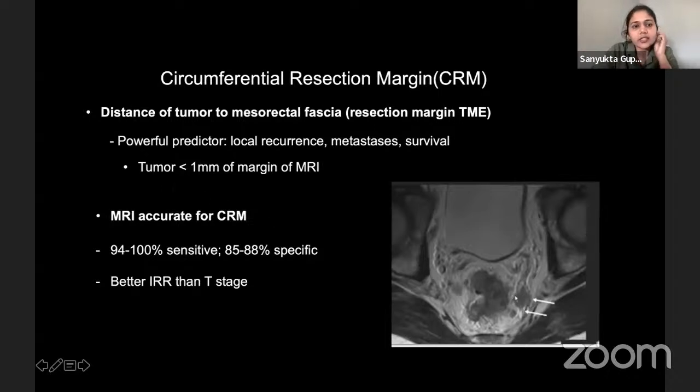Usually if it's less than 1 mm, then it becomes CRM positive, or CRM is involved. MRI is highly accurate for CRM, 94 to 100% sensitive and 85 to 88% specific.